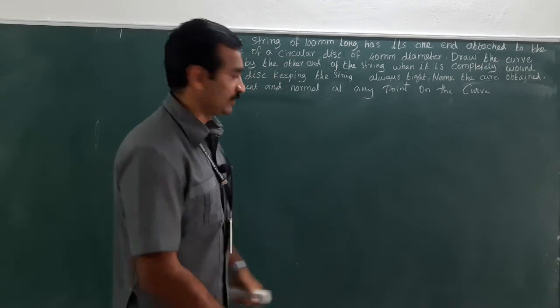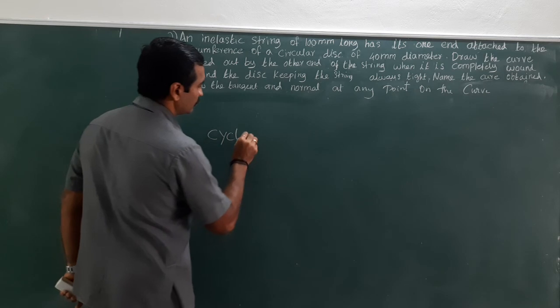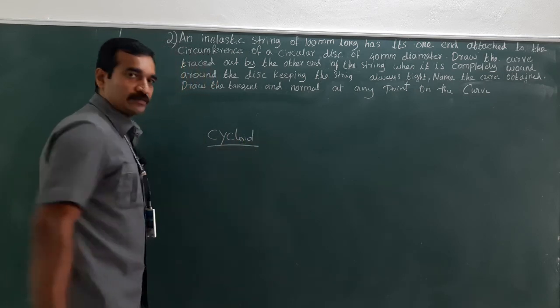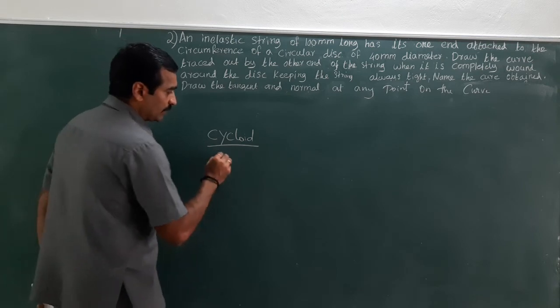How to differentiate? For cycloid, look at the words which reflect in the question, so only one diameter will be there, right?